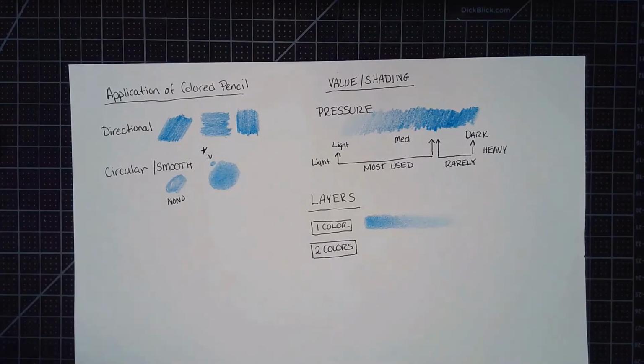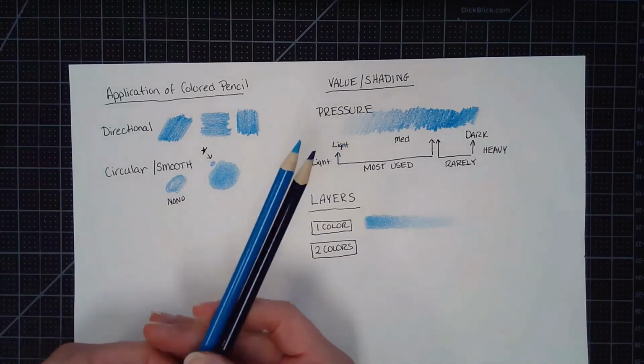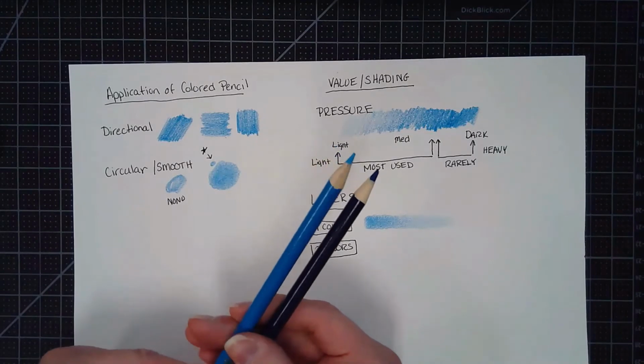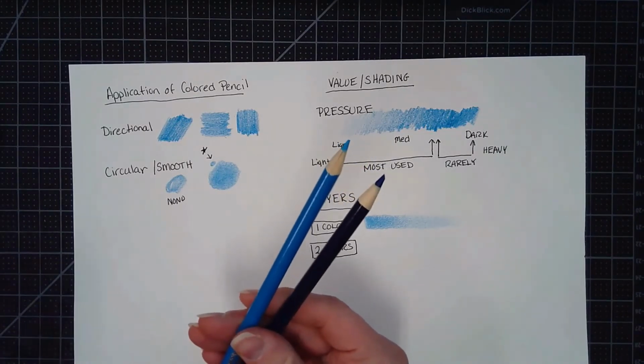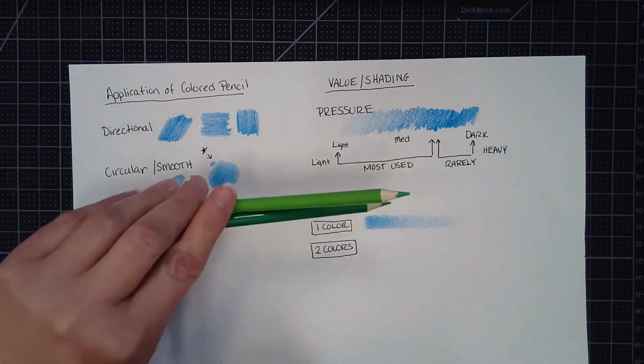And in a 12 color pencil set, you will often find at least one color that there is a dark shade and a light shade of pencil. So I was using dark blue here for my example. So there is a lighter blue and a darker blue. My pencil set also has a light green and a dark green.